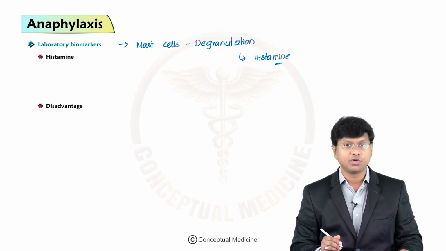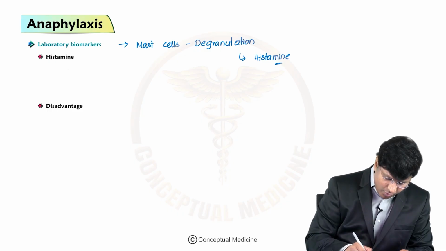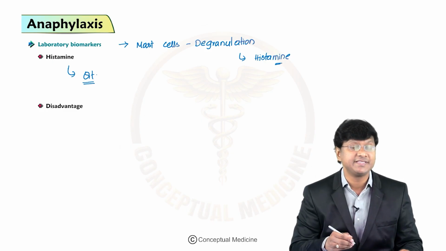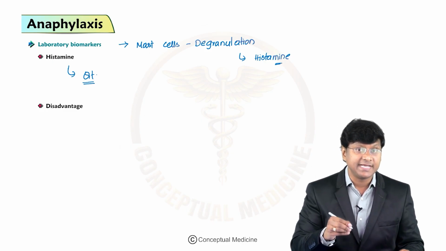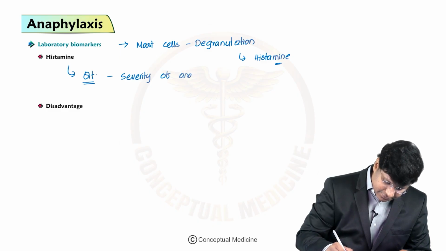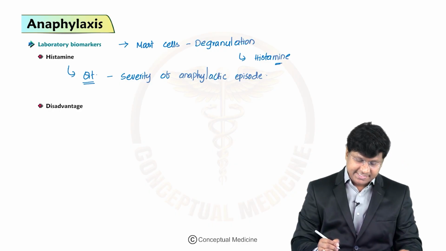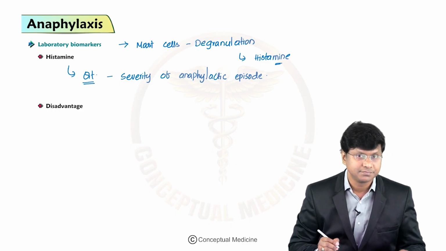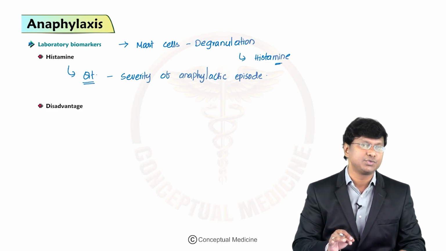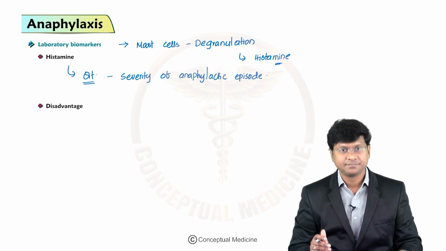The quantity of the histamine that is being released will assess the severity of the anaphylactic episode. And among these, the most obvious serum biomarker to assay is the histamine.